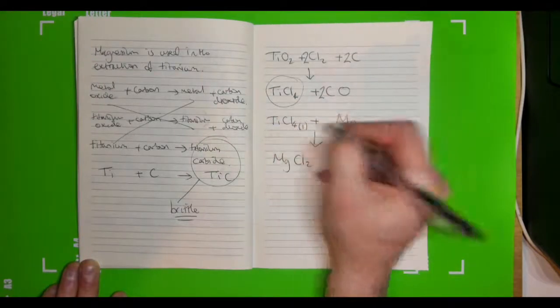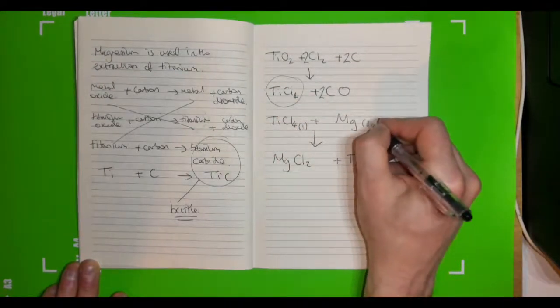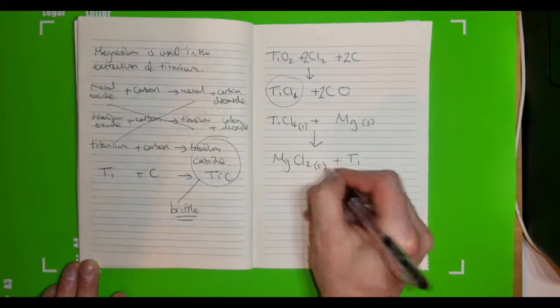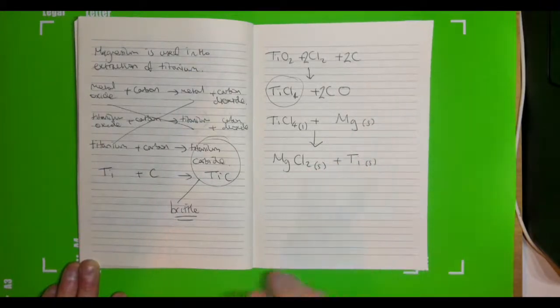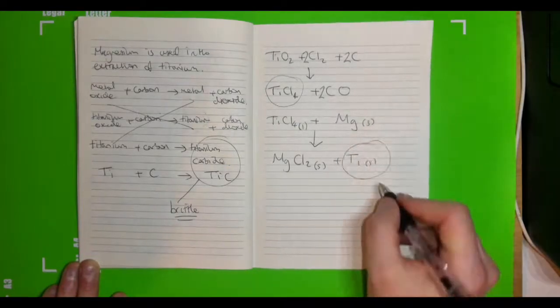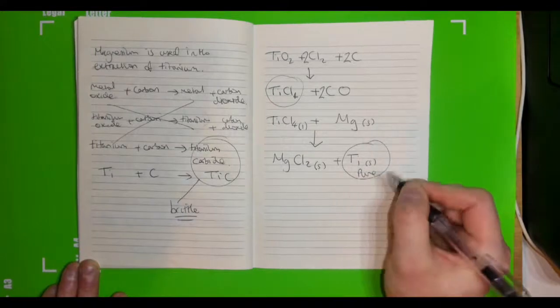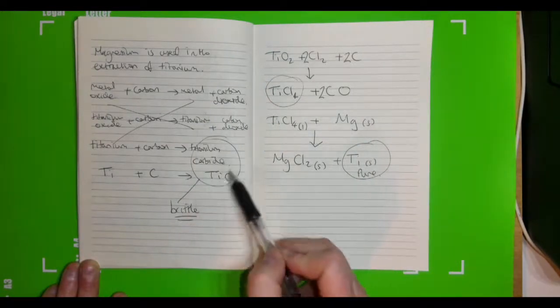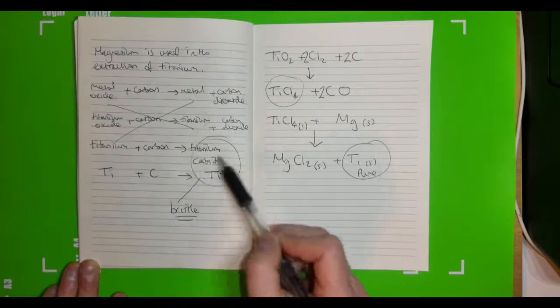That's actually a liquid. This is a solid. This is a solid. That's a solid there. And that's how we get titanium, and that's quite pure, unlike the titanium you produce in this method, which is contaminated with this brittle titanium carbide.